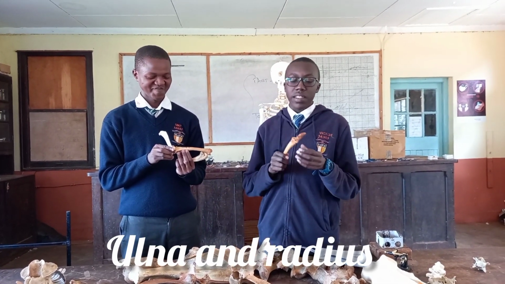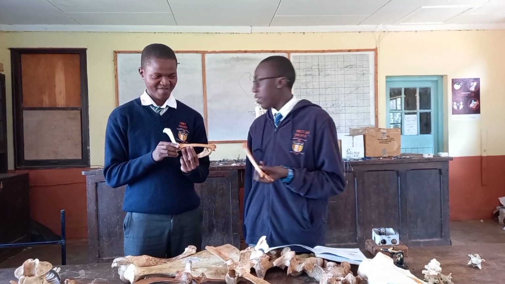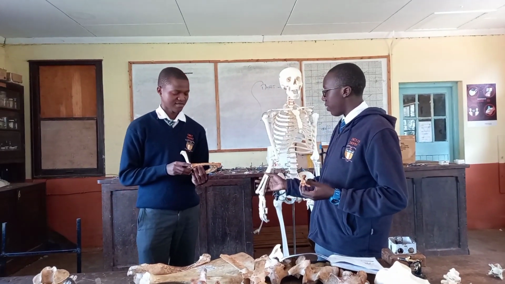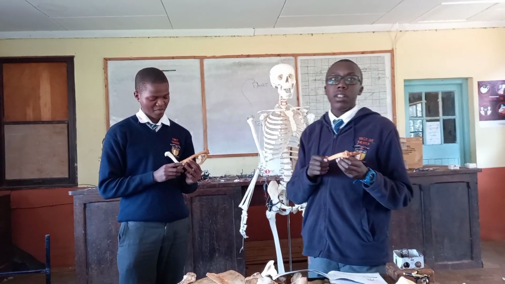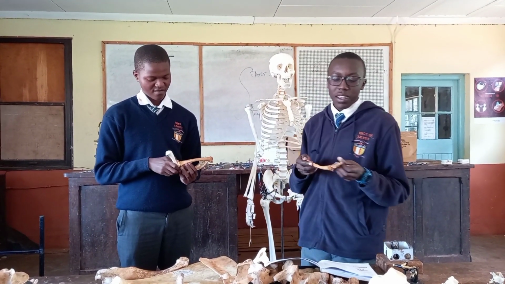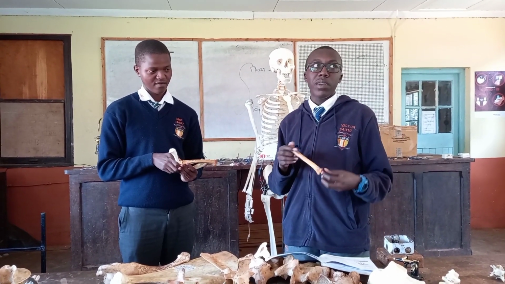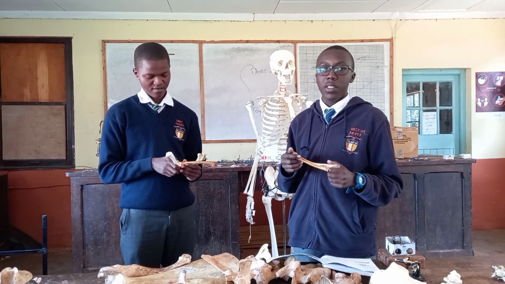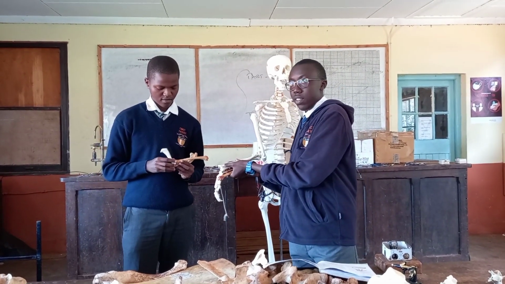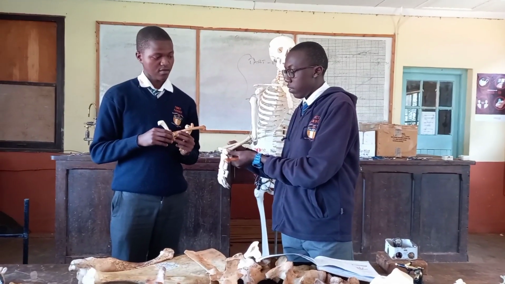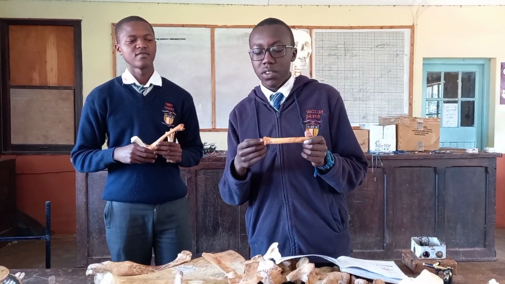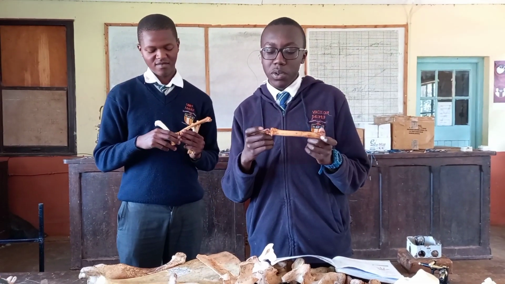I'm going to be presenting the ulna and the radius. They are 2 bones found on the lower arm. The ulna is longer and is found on the side of the smaller finger. The radius is much shorter and is found on the side of the thumb. So this is the radius, and this longer one is the ulna. Over here you can see a notch called the sigmoid notch.